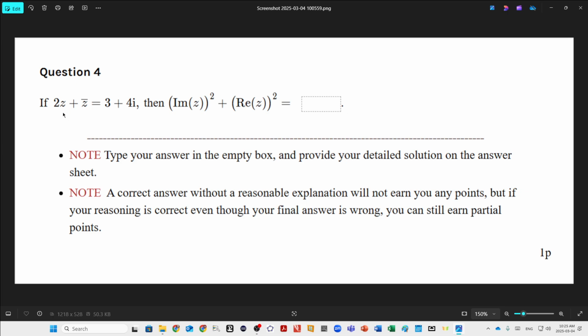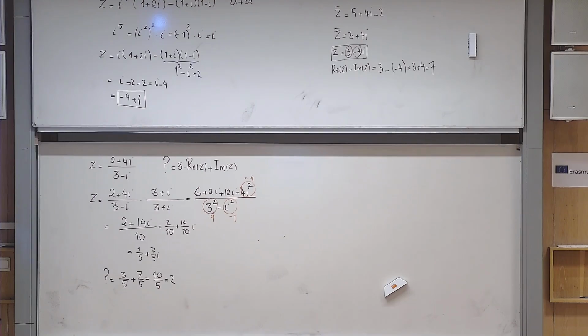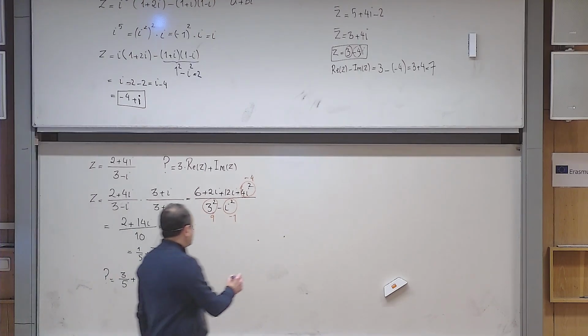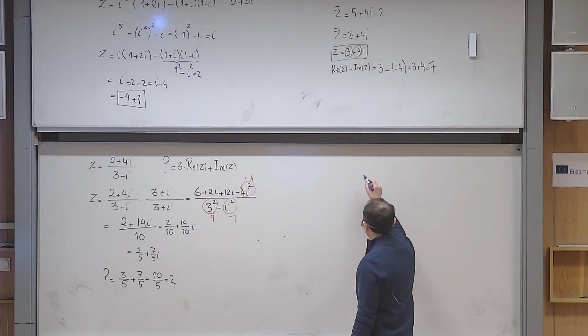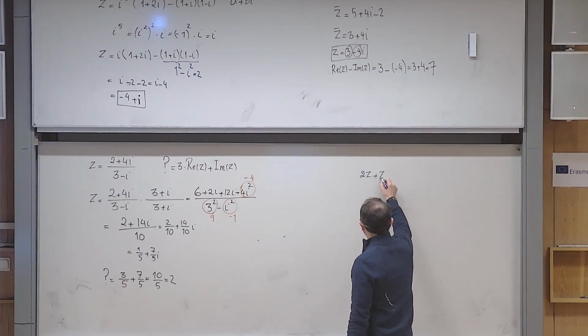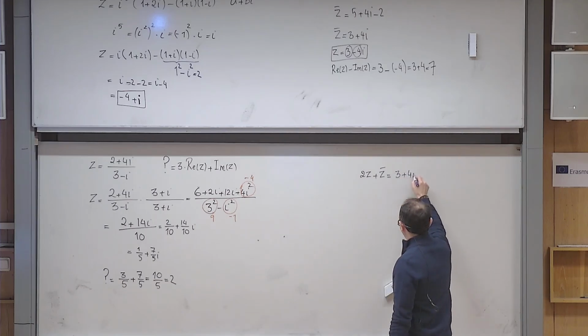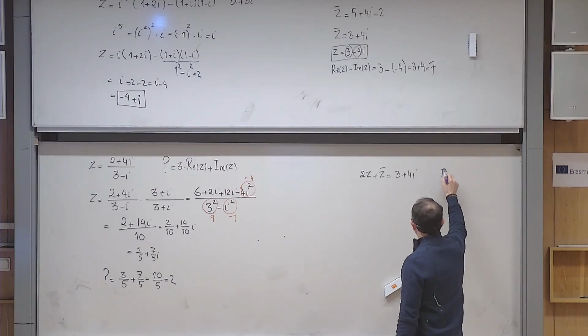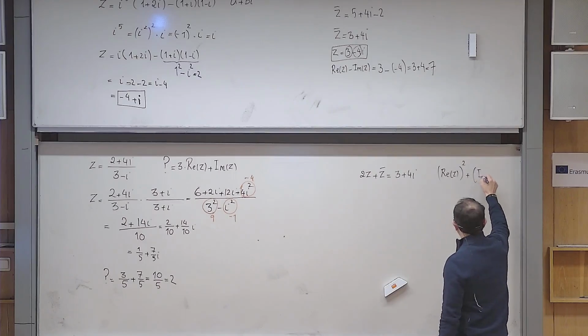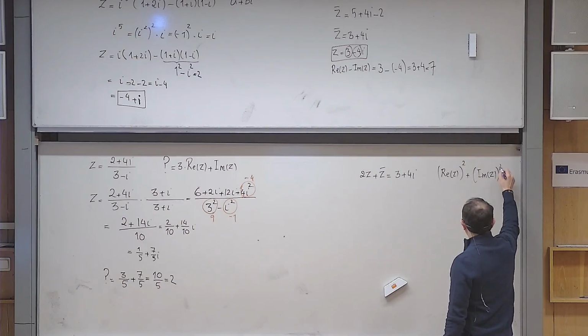Do you remember what the trick was if you want to solve them? The equation is 2z plus z bar equals 3 plus 4i. And I want to calculate the real part of z to the power of 2 plus the imaginary part of z to the power of 2.